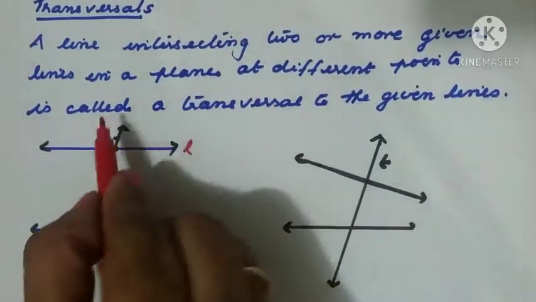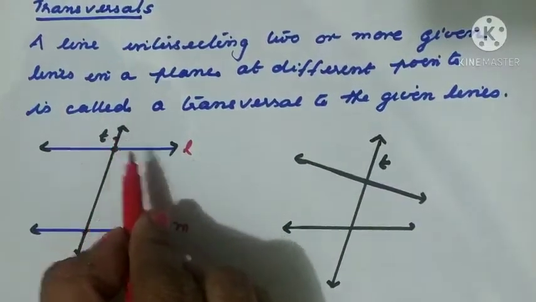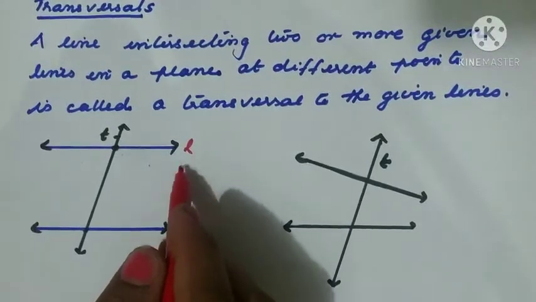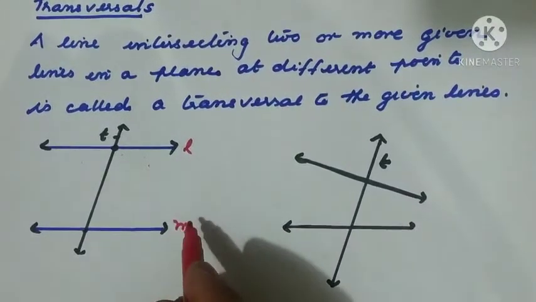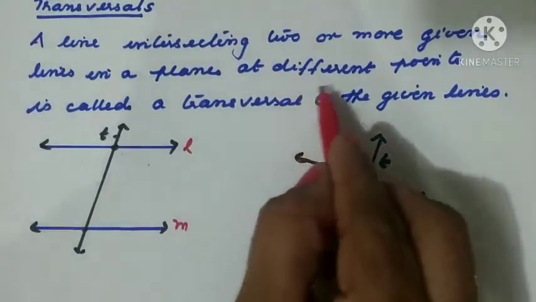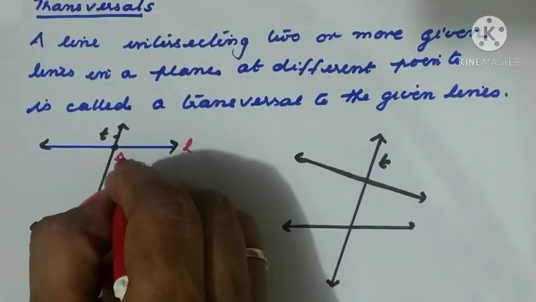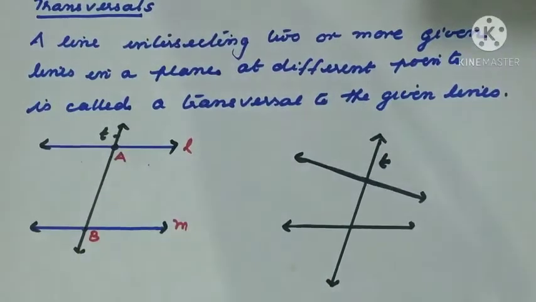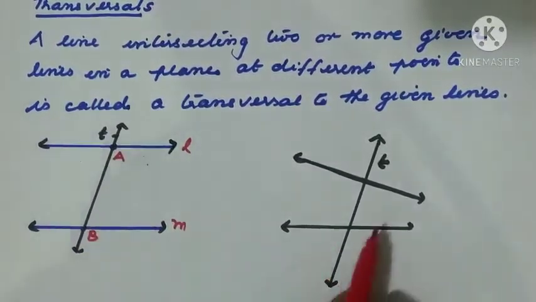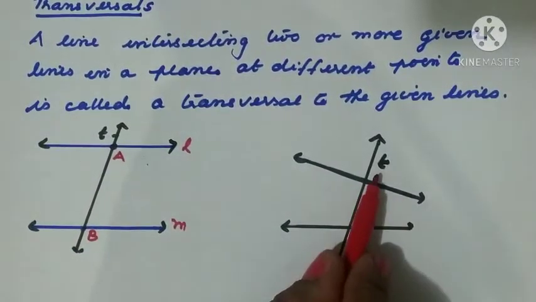That is why T, intersecting two or more given lines, here two lines only, L and M, at different points. Let me mark A and B here. So T is the transversal. Here it looks almost like a parallel line, but it is not, but T is called a transversal.